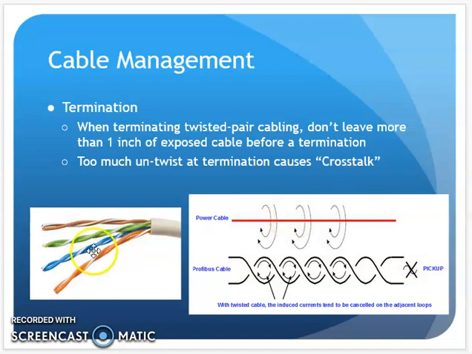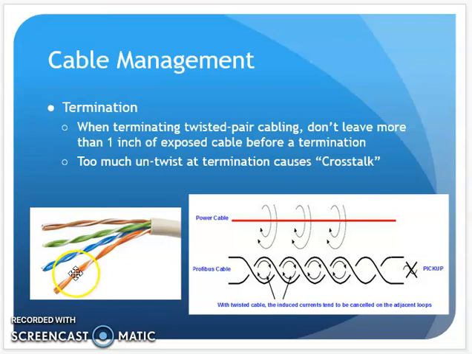When I'm terminating my twisted pair cabling, I need to be careful I do not untwist this wire too much. These wires are twisted together for what's called cancellation. Any sort of outside interference, like from a power cable, that's picked up here, the twisting causes that interference to cancel each other out.